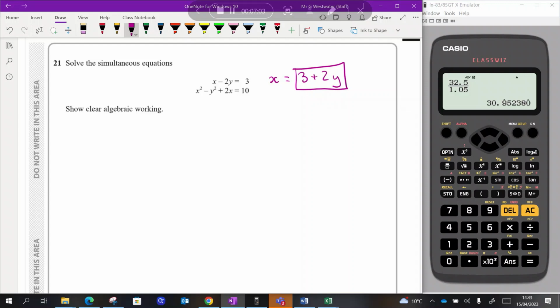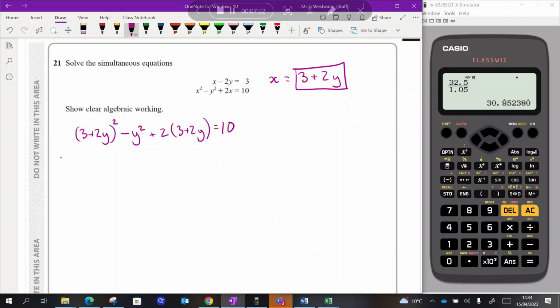So instead of x squared, I'm going to think about this as 3 plus 2y squared plus, minus y squared here, plus 2x, so plus 2 times 3 plus 2y equals 10. And solve this equation.